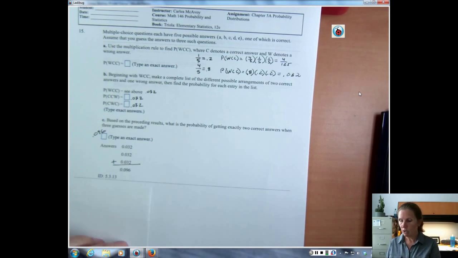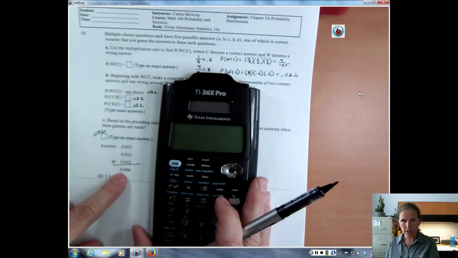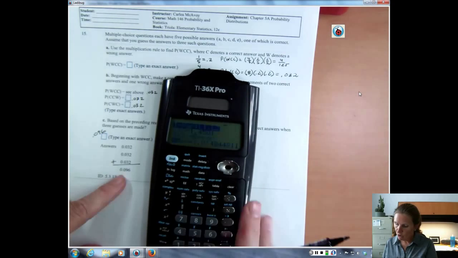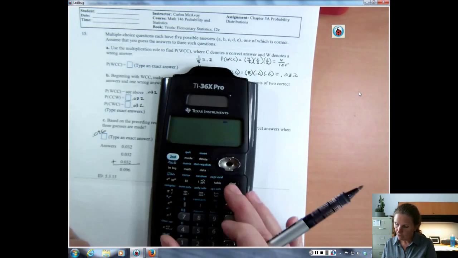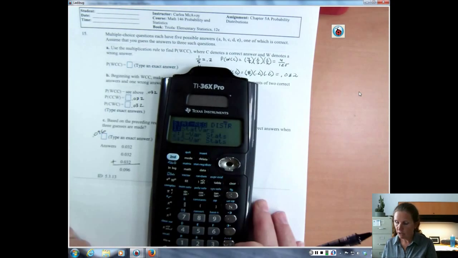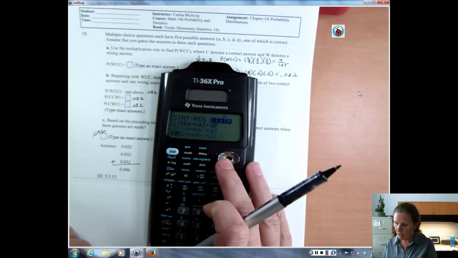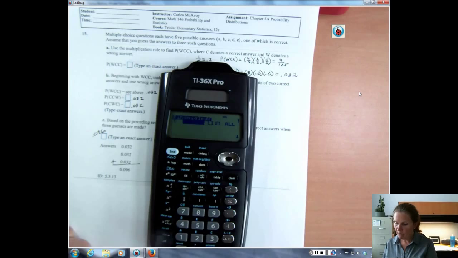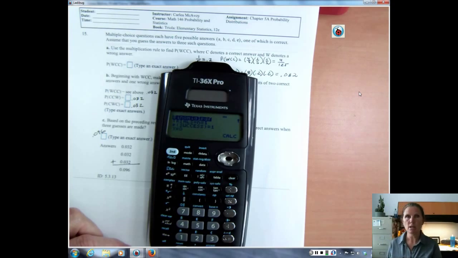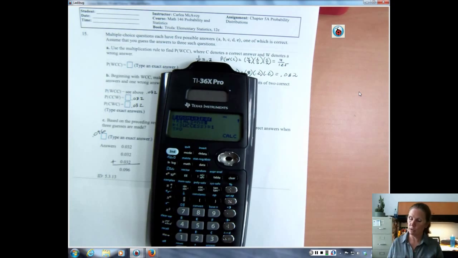So here's how you do this answer on the calculator. You go to second function data, and then go to the right to distribution, and go down to binomial PDF, hit enter. And we just have a single question here: what's the chance of us getting 2 correct on a 3-question test if we're guessing, and every question has 5 choices?